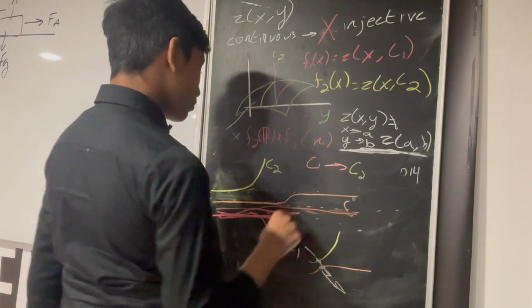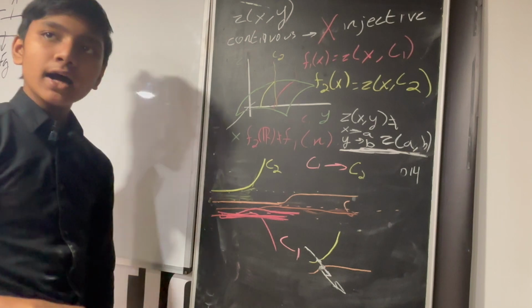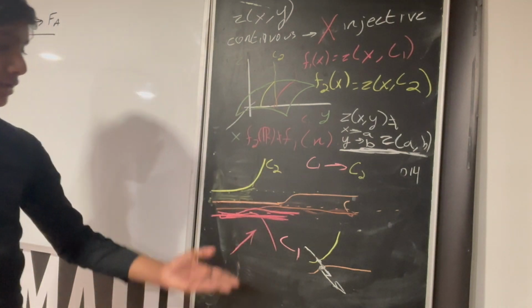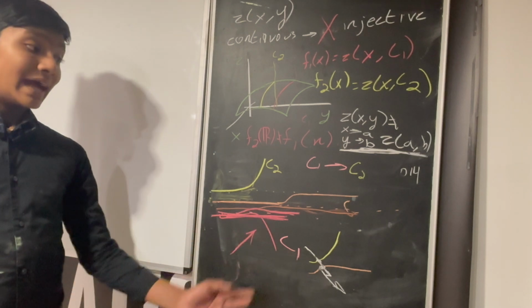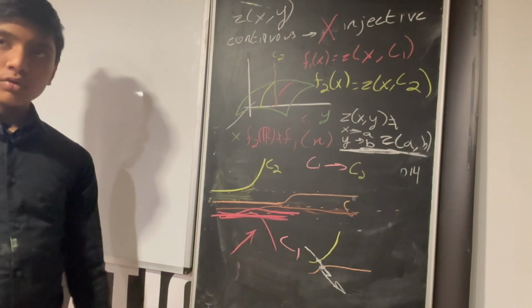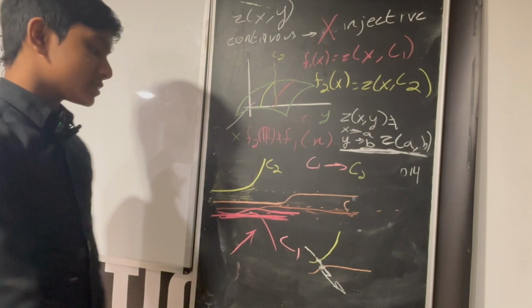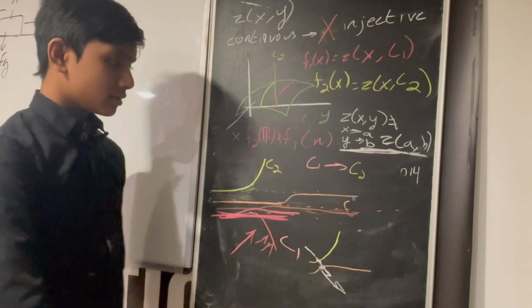And eventually the cross sections are all going to approach a straight line, but then that tradition is going to be broken right here at C1 or at F1. And of course, if F1 is not a straight line, but everything around it is, that means there's going to be a discontinuity over here.